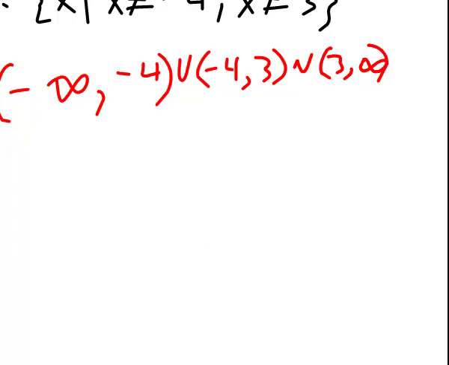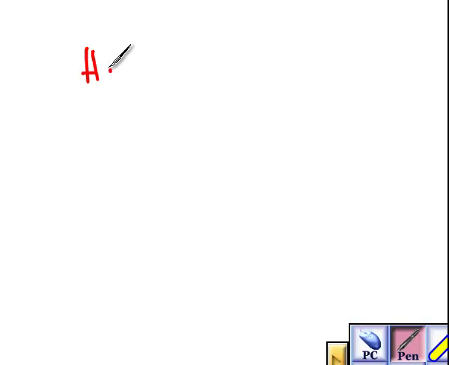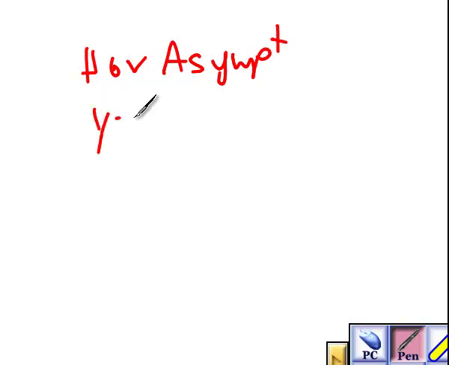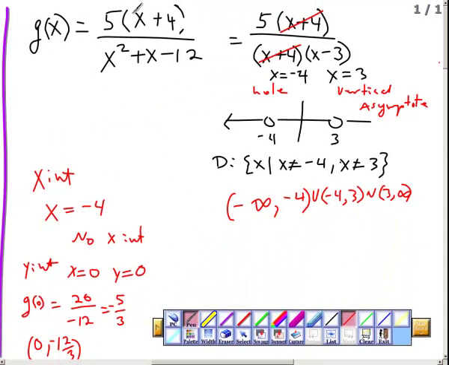Now we have our intercepts and our vertical asymptote. For our horizontal asymptote, what's that going to be? y equals what?